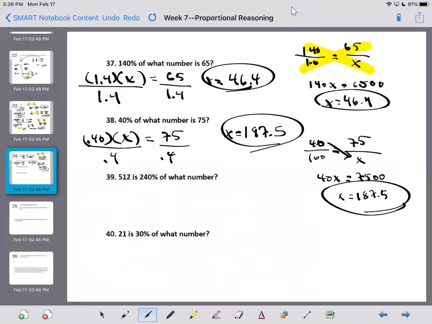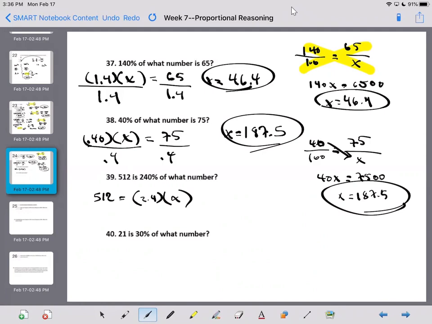So when you're creating your equation, this 512 is saying 512 is the same as 240%, which would be 2 4/10 of some number. So it's showing that there's multiplication. 512 is the same as this.